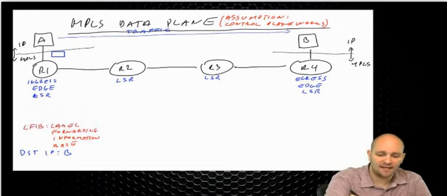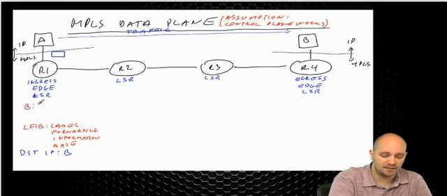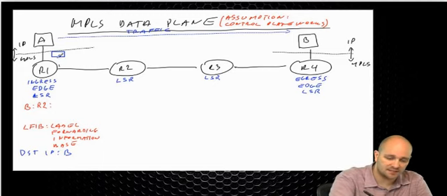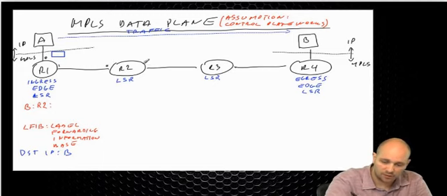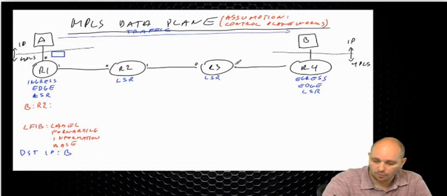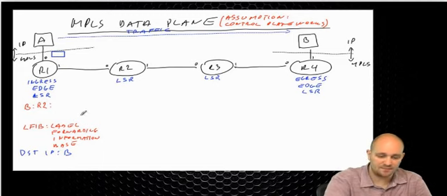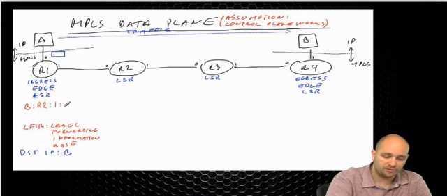So what we might have in this LFIB is information that an incoming packet with the destination of B needs to be sent to R2 out of interface 1. Let's say that this is interface 1, that this is interface 0. Let's have that on all the routers. That this traffic must be sent out of interface 1 with the label, let's say 53.